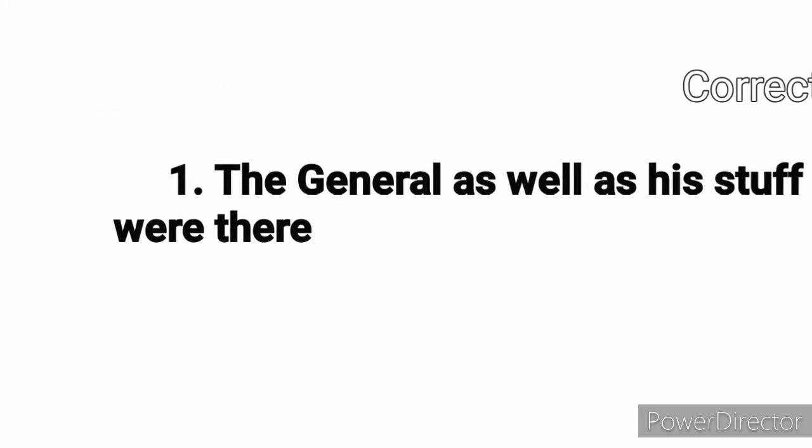The exercise which I gave you in the last video was: correct the following sentences. The first sentence was, the general as well as his staff were there. When we are talking about the general and all his staff, you can see that we have got the use of the words as well as, and I told you in the explanation that when two nouns are joined with as well as, then you use the verb which agrees with the first noun.